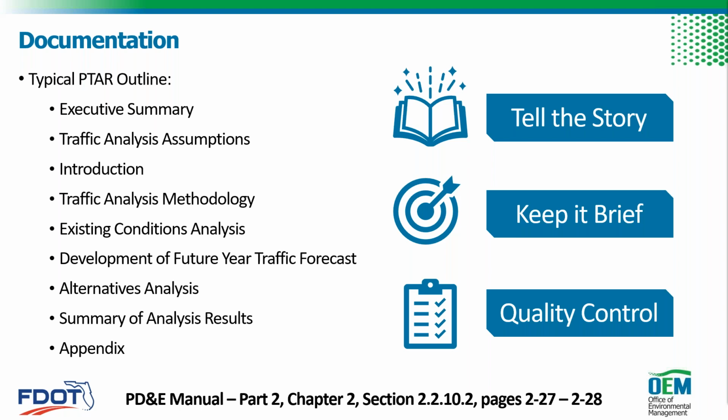So you want to tell the story, keep it brief, and provide quality control. The quality control should include reviewing the methods and assumptions used to develop the analysis inputs and the reasonableness of the results, as well as the completeness of the results. So you can refer to the Traffic Analysis Handbook for checklists that can help you out with the review process.